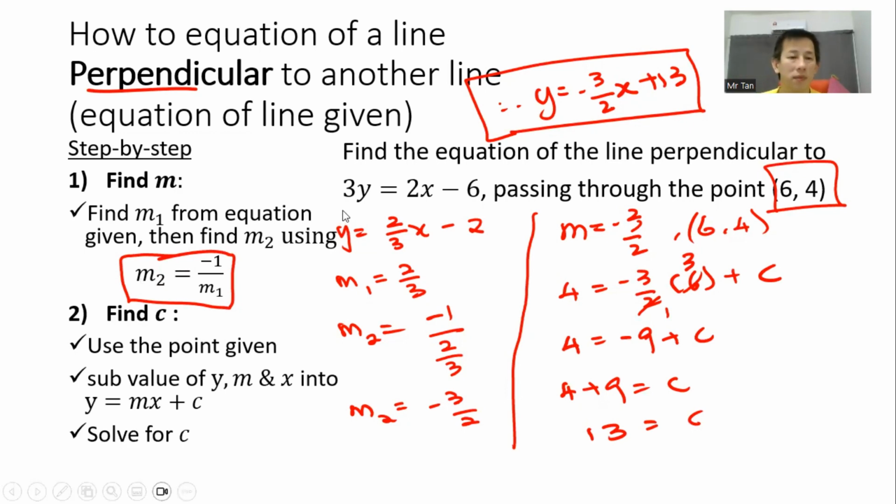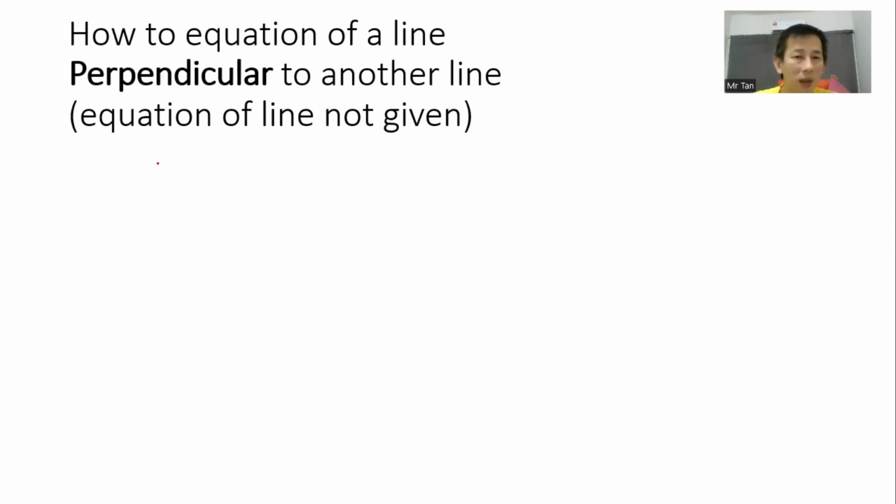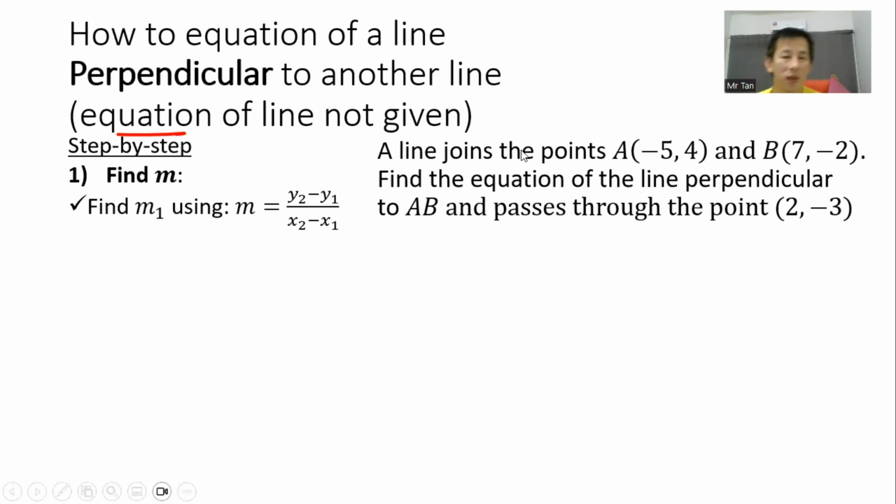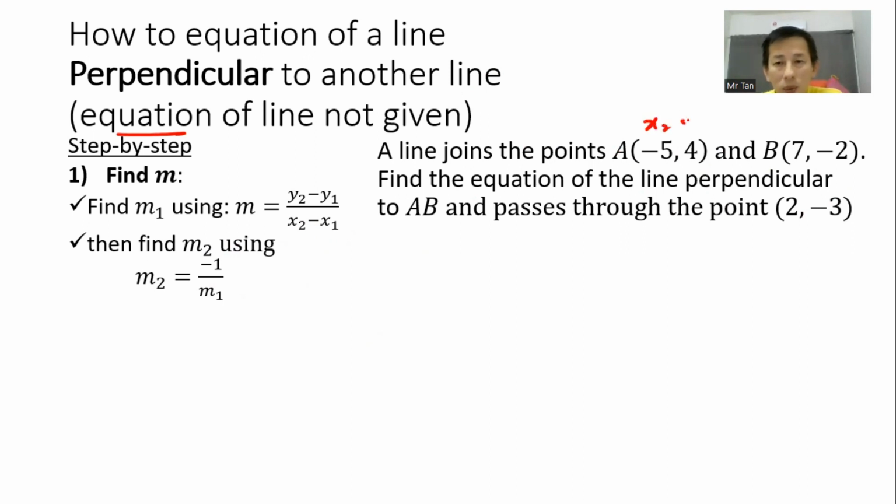What if there is no equation? That means they will give you the points, something like just now. We use the same method. We find the m, and m2 will be negative 1 over m1. So we have 2 points here. This is x2, y2. This is x1, y1. So m equal to y2 minus y1 over x2 minus x1.